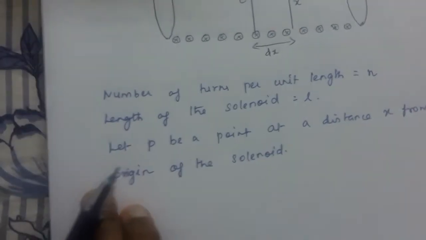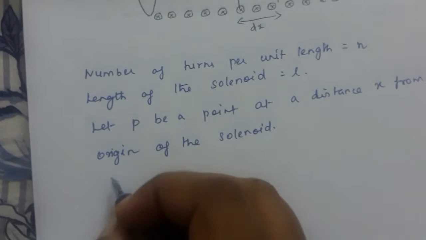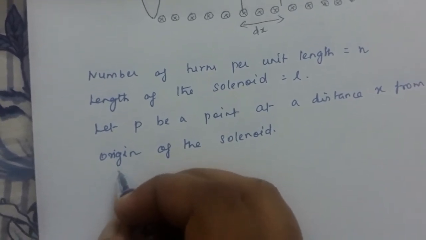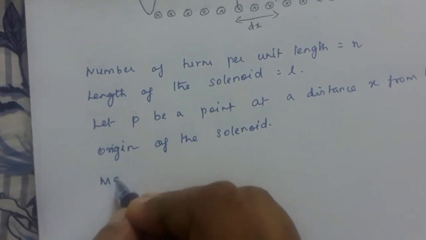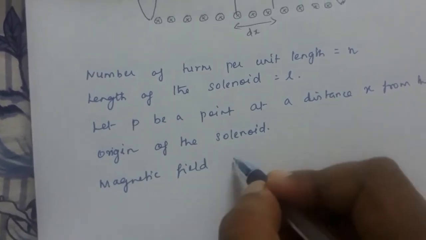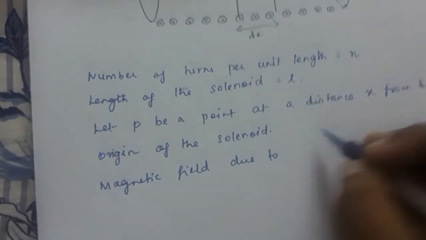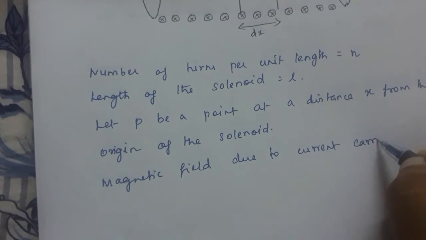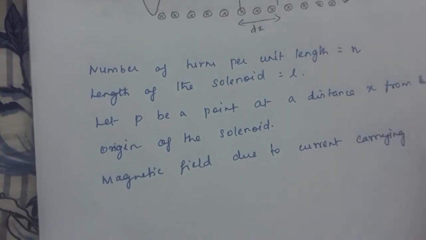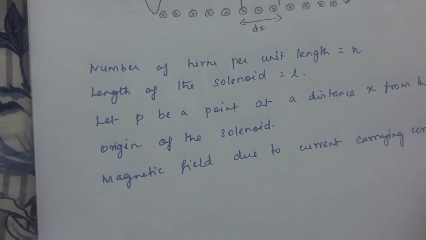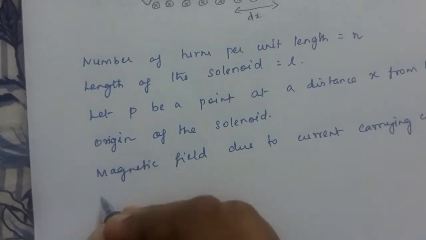Okay. Now we know the formula for magnetic field due to current carrying conductor in a circular coil. So we can write magnetic field due to current carrying conductor in a circular coil.